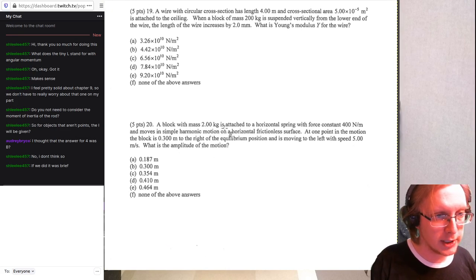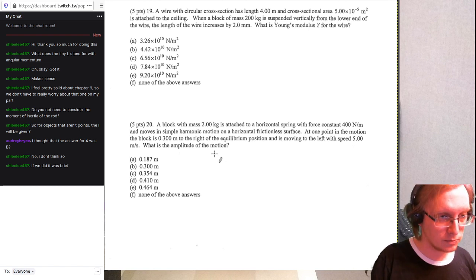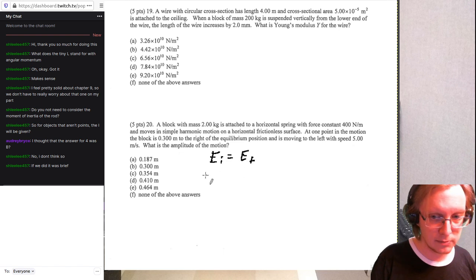A block with a mass of 2 kilos is attached to a horizontal spring with a force constant of 400 newtons per meter and moves in simple harmonic motion on a horizontal frictionless surface. At one point in the motion, the block is 0.3 meters to the right of the equilibrium position and is moving left with a certain speed. What is the amplitude of motion? Energy conservation. Energy initial is equal to energy final.